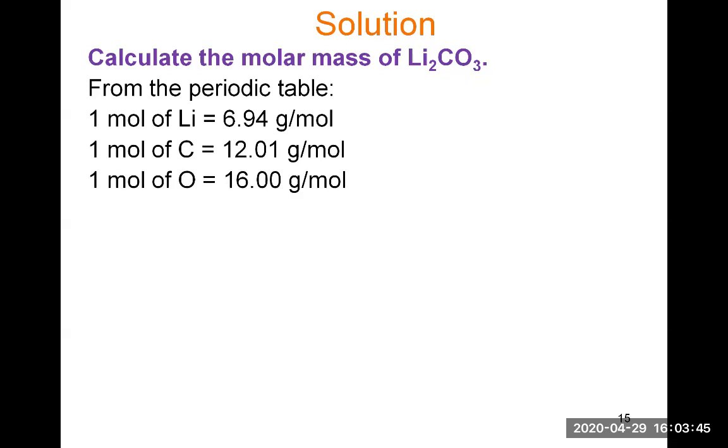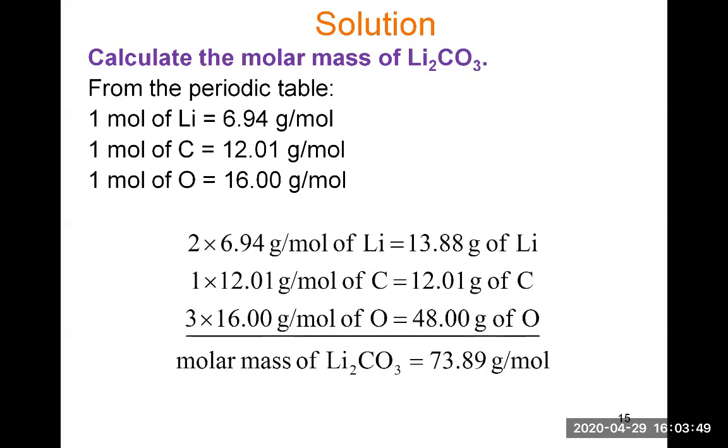Next, you will multiply the molar mass by the subscript if it's different than 1. So we will need to take 2 times the molar mass of lithium, 1 time the molar mass of carbon, and 3 times the molar mass of oxygen. So you calculate those intermediate answers.